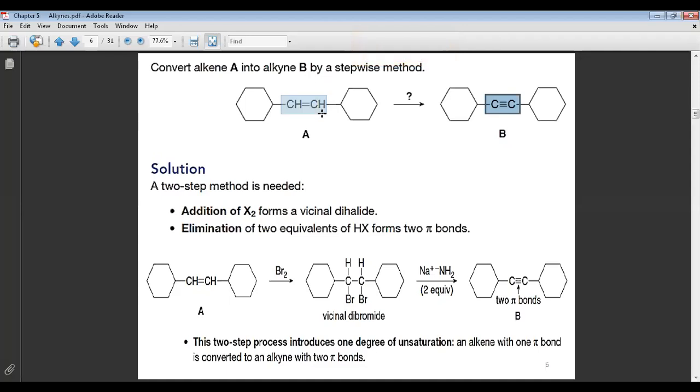Now convert the alkene to the alkyne by stepwise method.